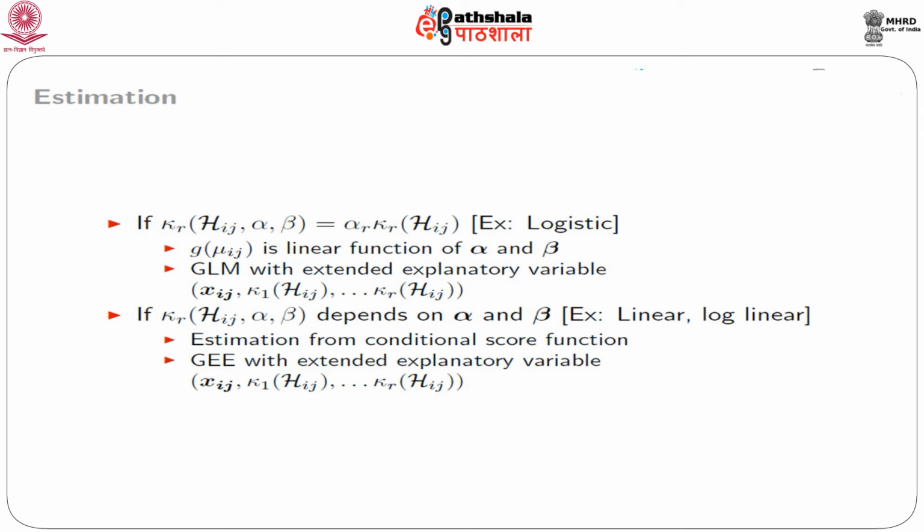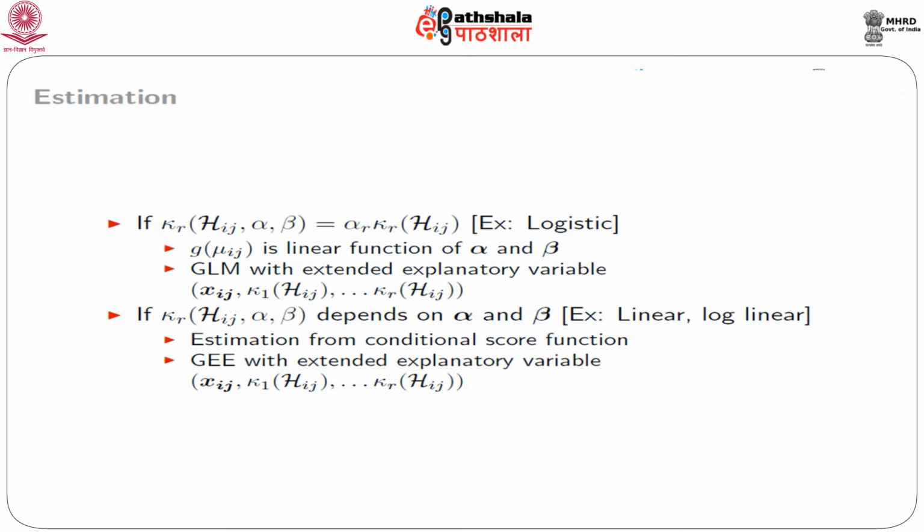But assume that kappa_r depends on both alpha and beta, for example in the linear transition model, or in a log linear transition model. That is what we are estimating. The conditional estimation is done from the conditional score function.